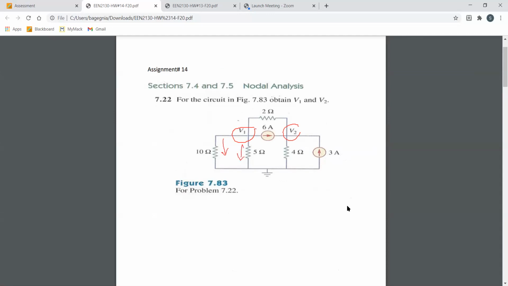And I will explain to you why. And then from left to right. So let's give, this is I1, this is I2, I3, and I4.